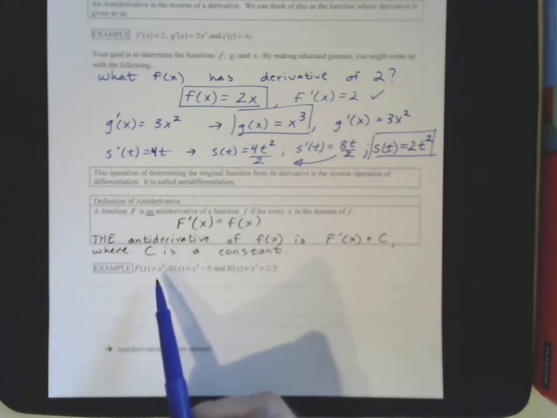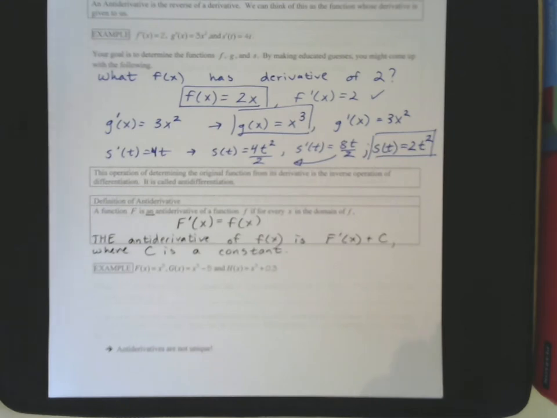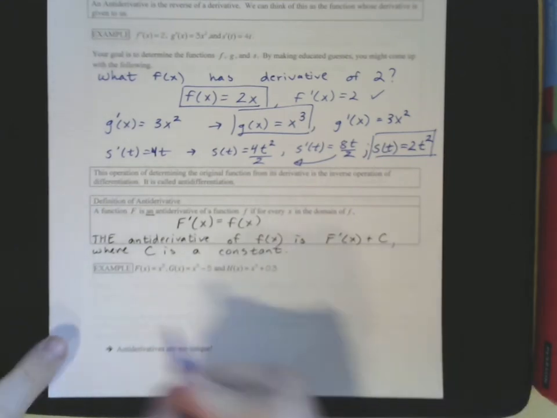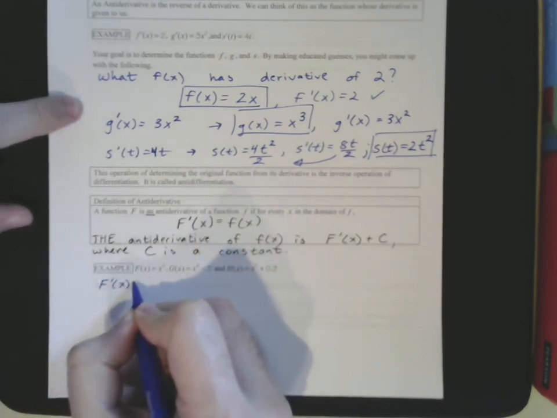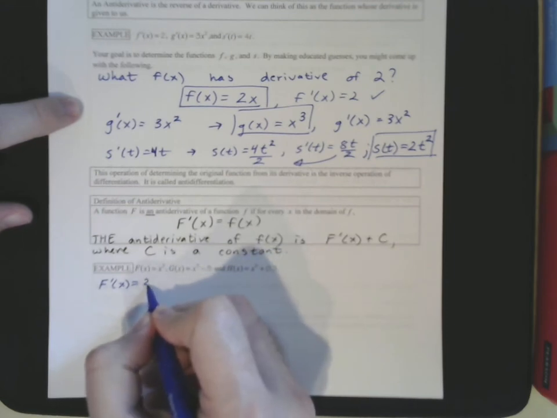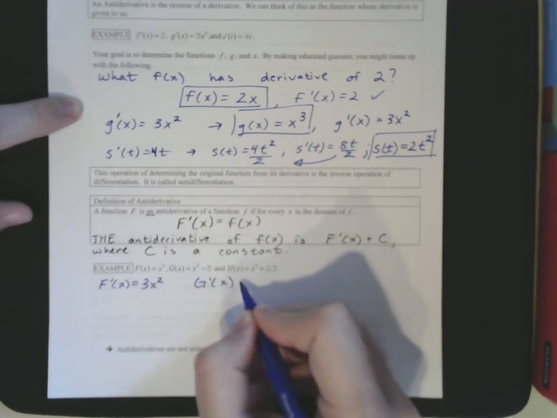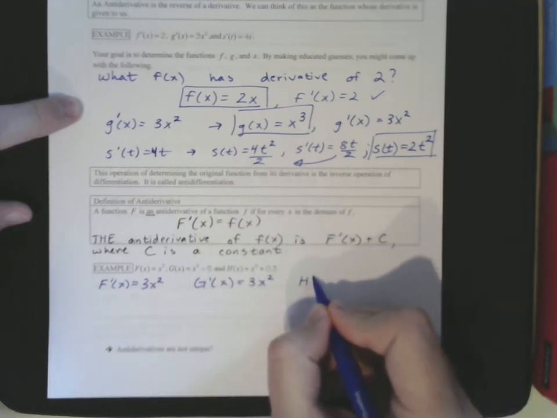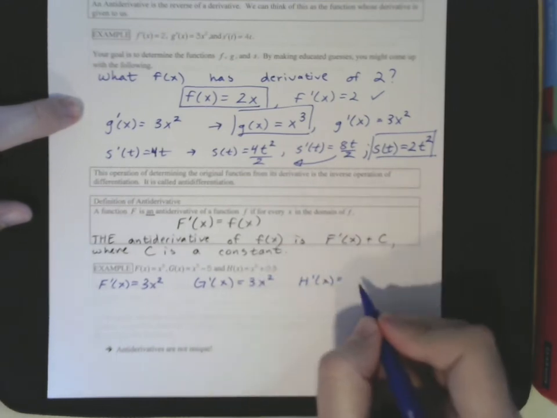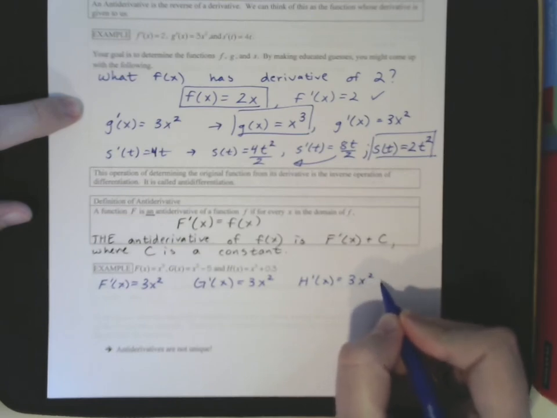So we're going to take a look at these 3 functions, f of x, g of x, and h of x, and think about what they could be antiderivatives of. We take derivatives. f prime of x: derivative of x cubed is 3x squared. g prime of x: derivative of x cubed is 3x squared, derivative of minus 5 is 0. And h prime of x: derivative of x cubed is 3x squared, derivative of 0.3 is 0.